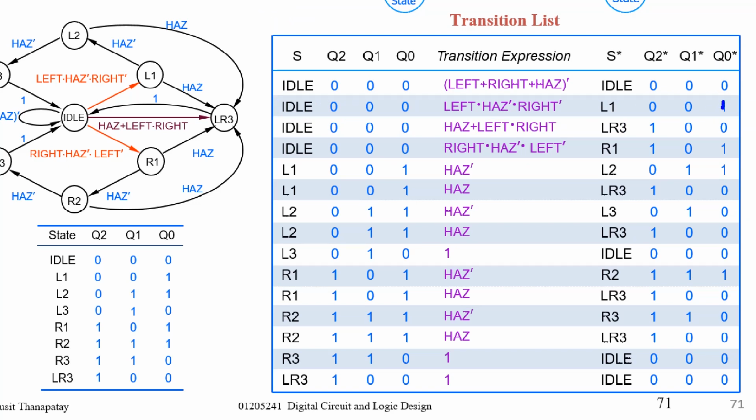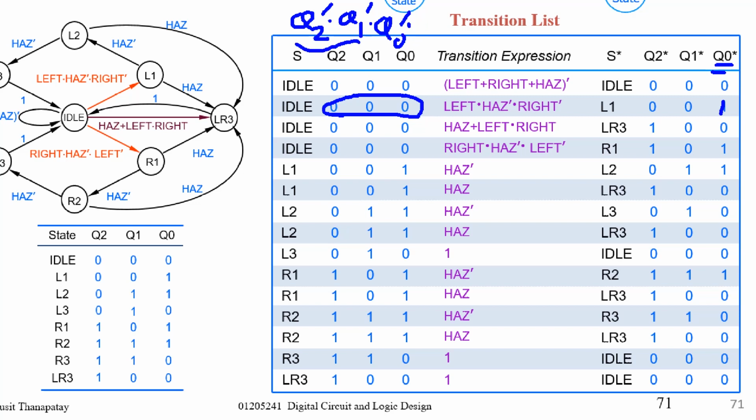Namely, Q0 star will be 1 when this condition becomes true: Q2 prime and Q1 prime and Q0 prime, right?